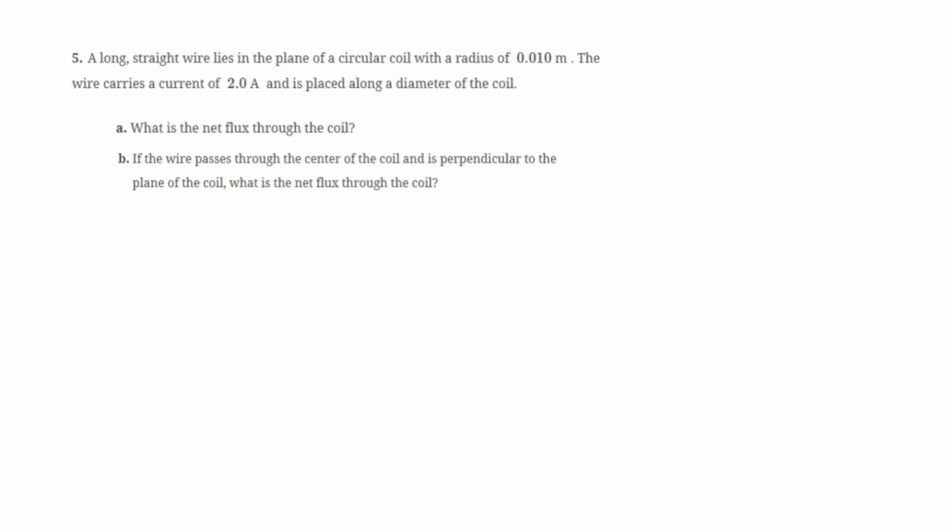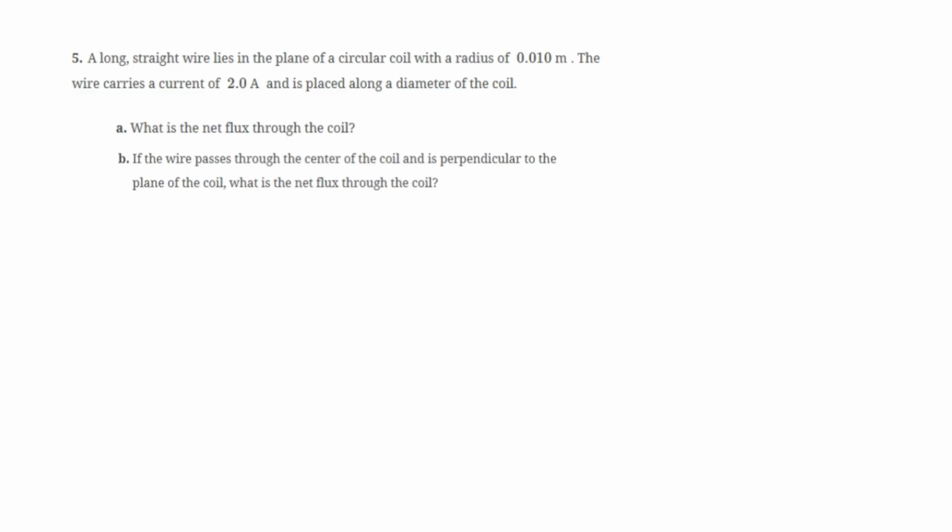They say, a long straight wire lies in the plane of a circular coil with a radius of 0.010 meters. The wire carries a current of 2 amperes and is placed along the diameter of the coil.